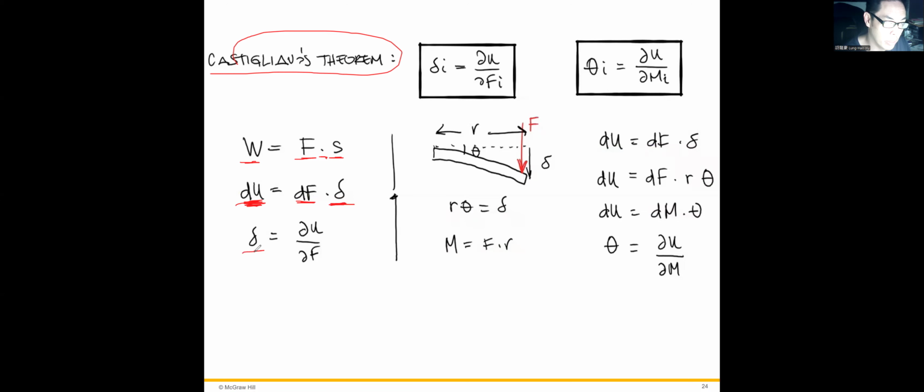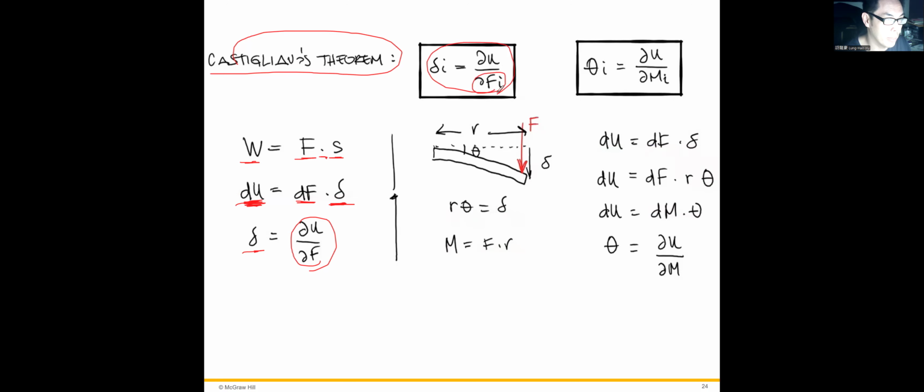Therefore, the deflection or deformation equals the partial derivative of the energy with respect to that force, right? Okay, this is called the Castigliano theory. Therefore, we can define delta i equals the derivative of the energy with respect to Fi.